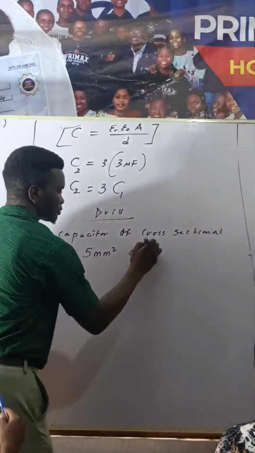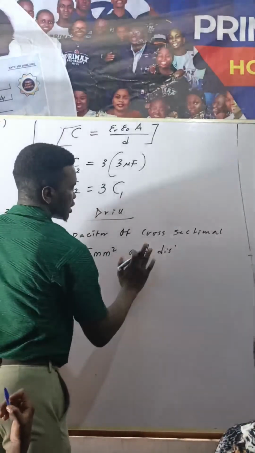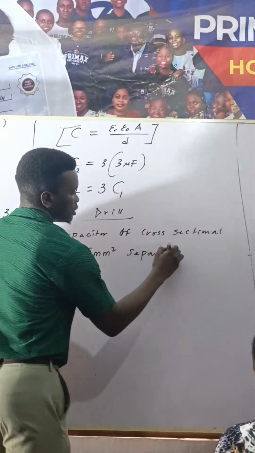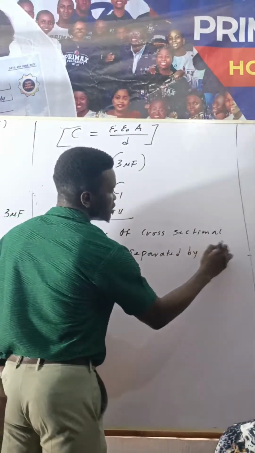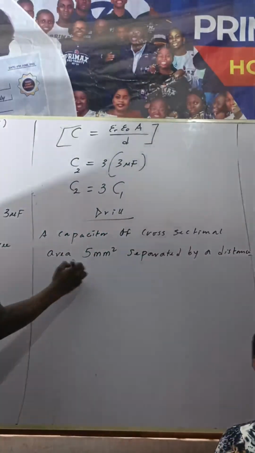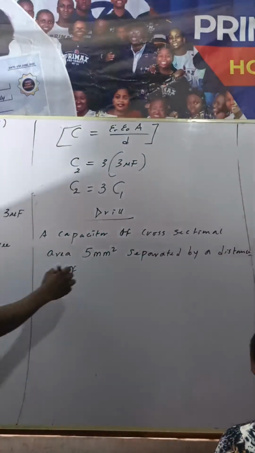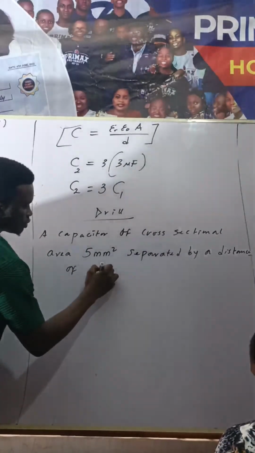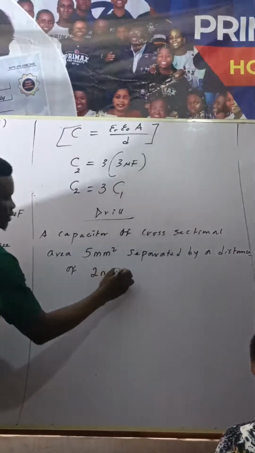A capacitor of cross-sectional area is separated by a distance of 2 nanometer.